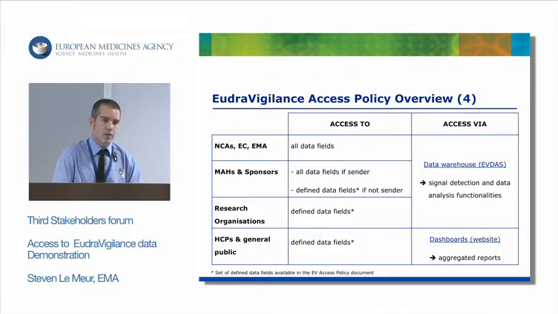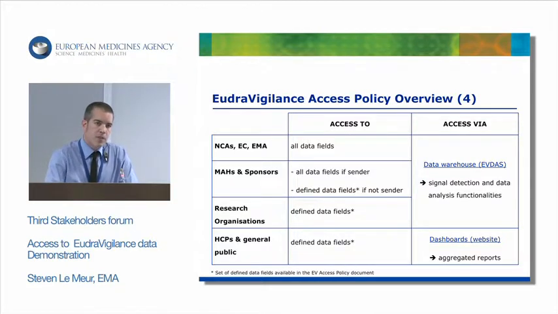Next slide, please. This slide summarizes the different stakeholder groups, what they will access, and how they will access those data. If you look at the top of the table, national competent authorities, European Commission, and EMA, that specific stakeholder group will access all the data fields from the safety report, so they will have access to all the information.